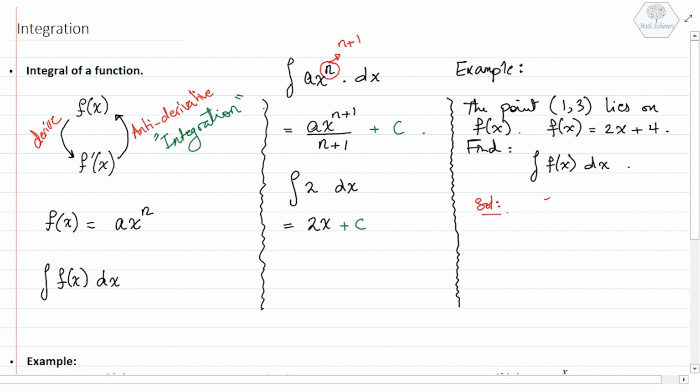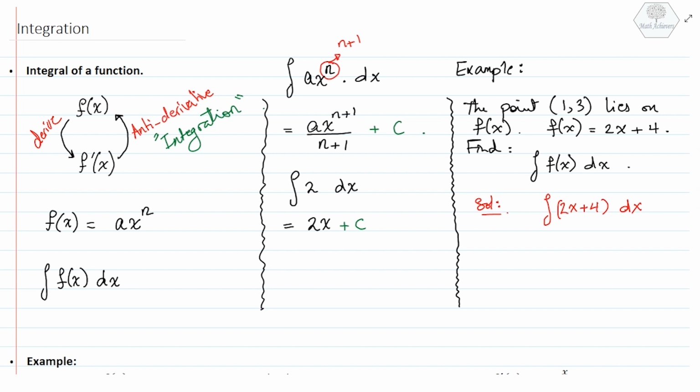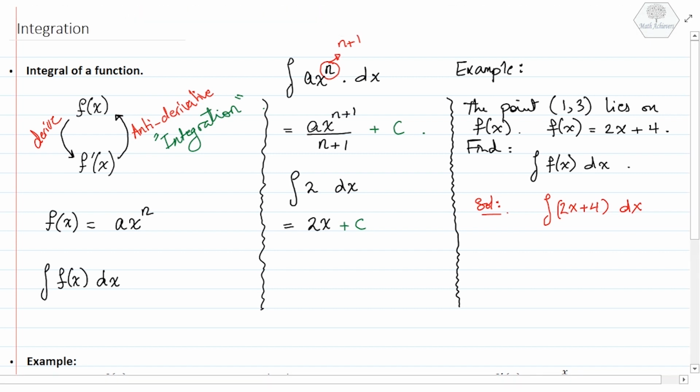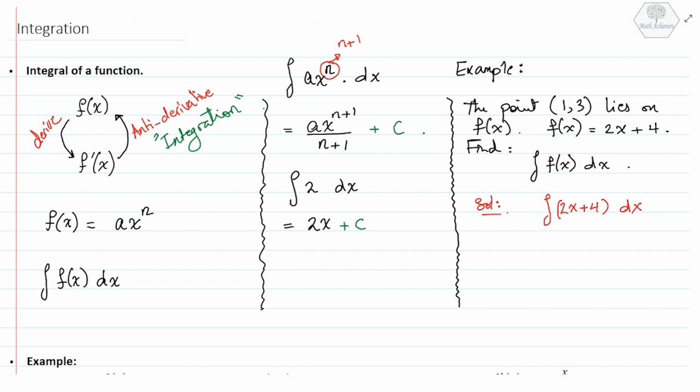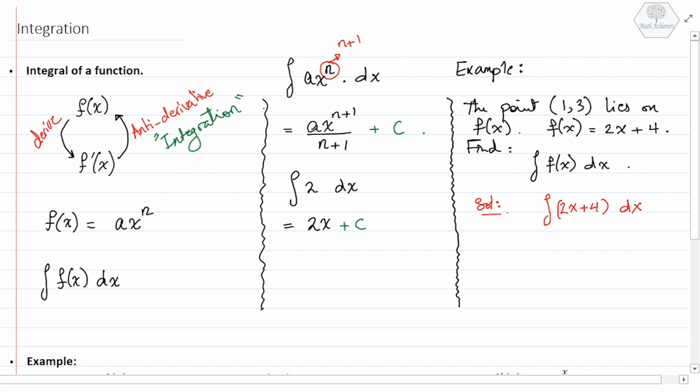we need to integrate the 2x plus 4 dx. This is equal to 2x, because the power of 1 becomes squared, divided by 2, plus 4x, because the 4 is a constant, plus c.